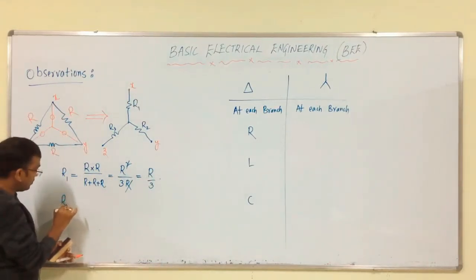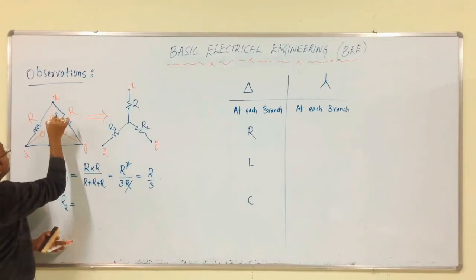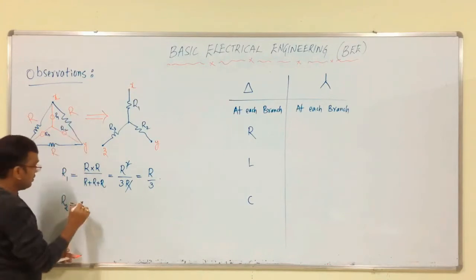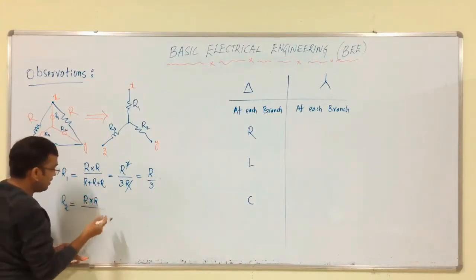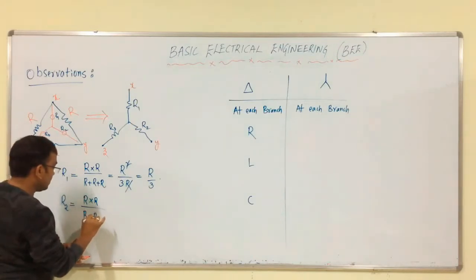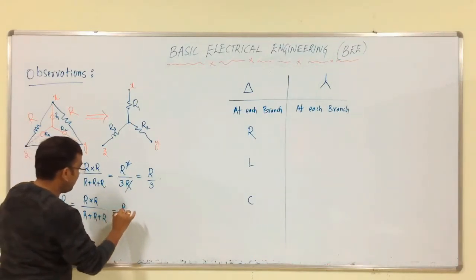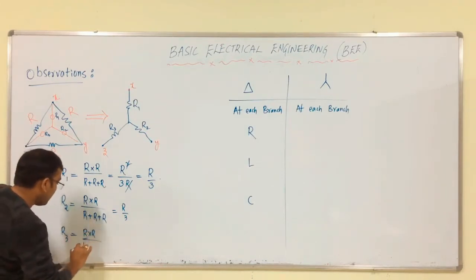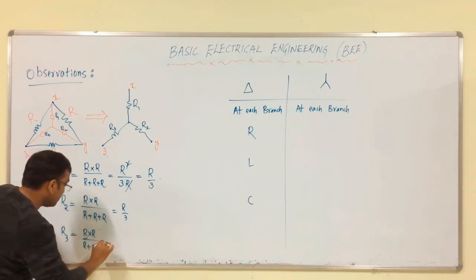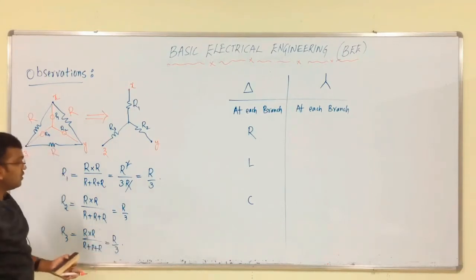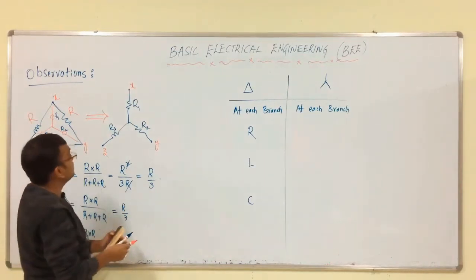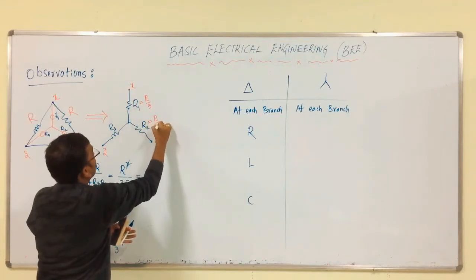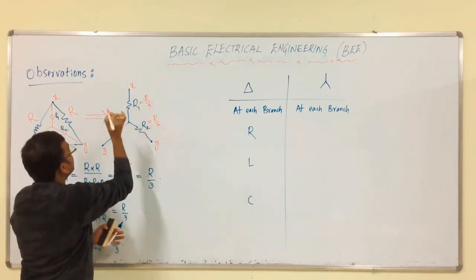Similarly, to calculate R2, because each branch has the same resistance, it is R into R by R plus R, which is again R by 3. In the case of R3, R into R by R plus R equals R by 3. So R1 equals R by 3, R2 equals R by 3, and R3 equals R by 3.